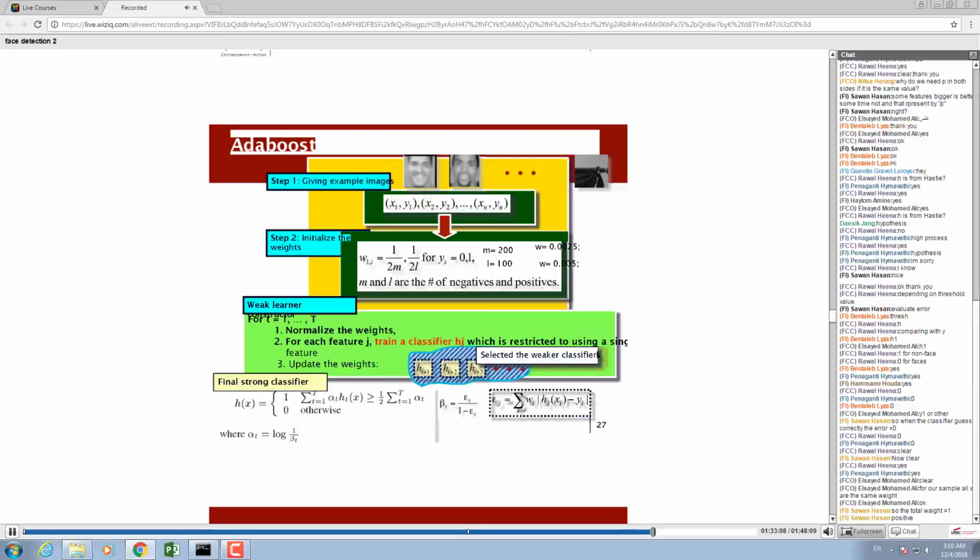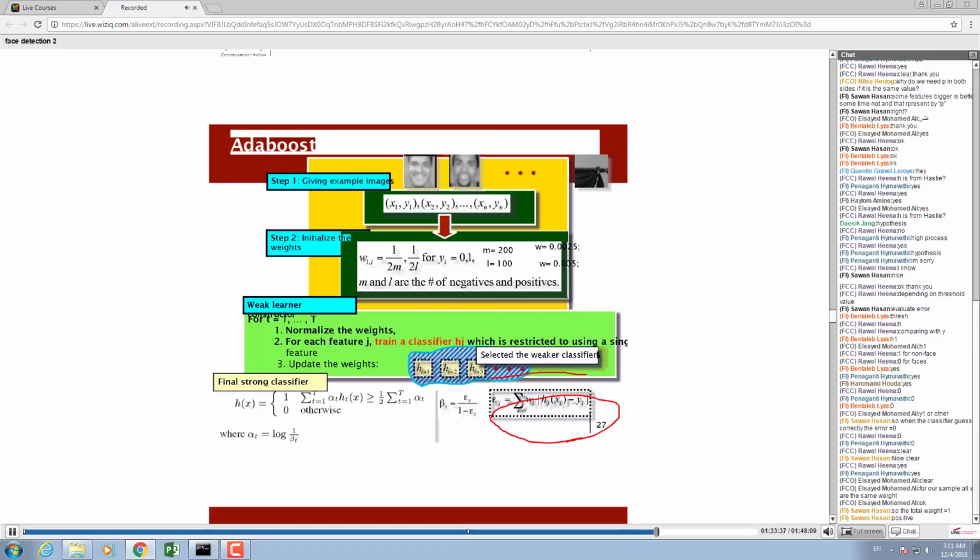Then for every feature j, fj, we train a classifier hj. It means we are calculating the features and errors. In the second step, we select the weak classifier, the best weak classifier.